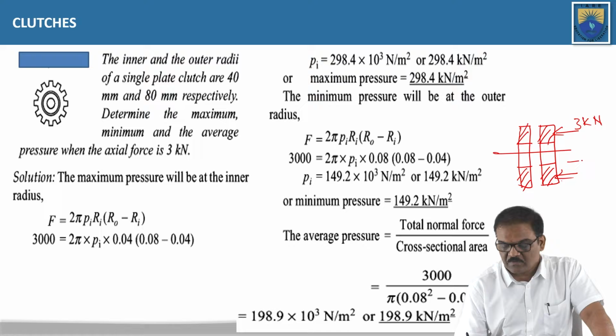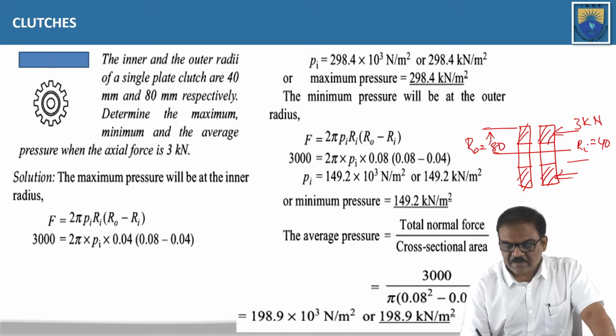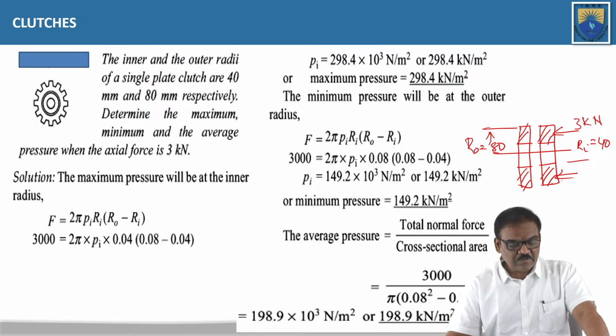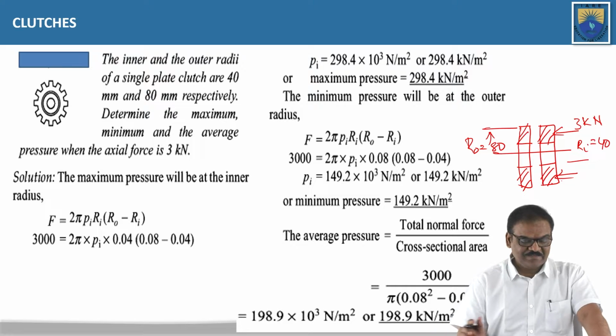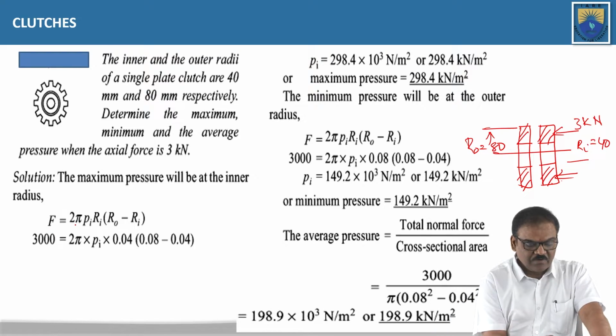R internal is equal to 40 millimeters and R outer is equal to 80 millimeters. The maximum pressure will be at the inner radius. Therefore, F is equal to 2 pi P internal into R internal into (R outer minus R internal).